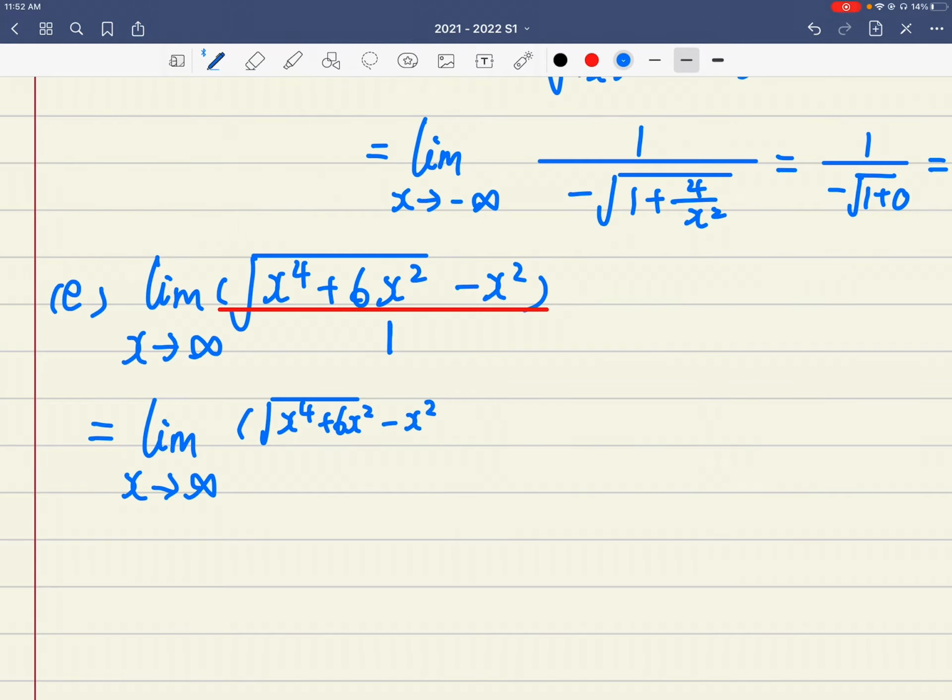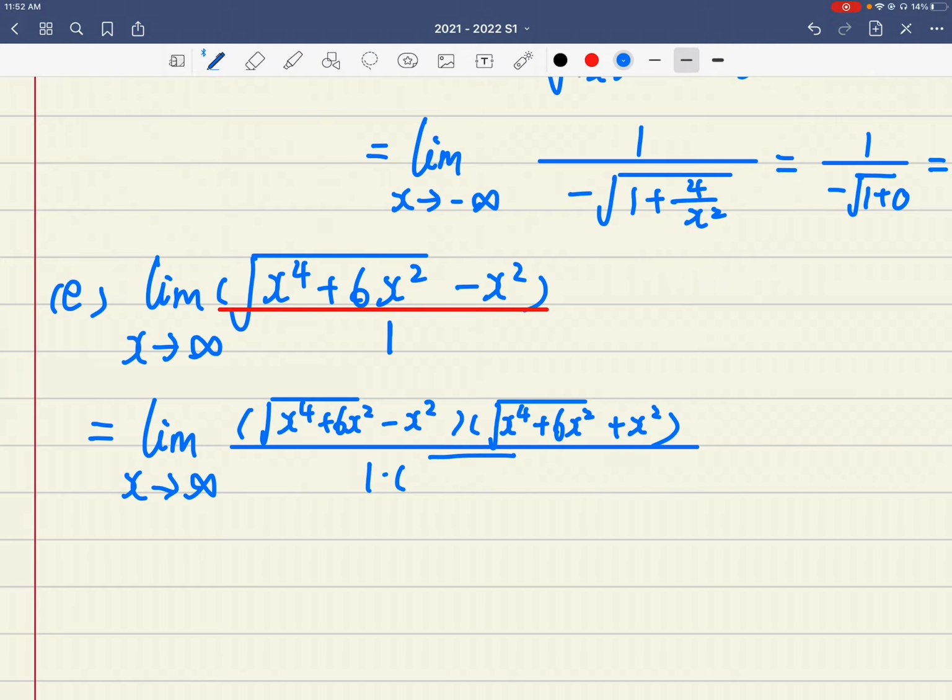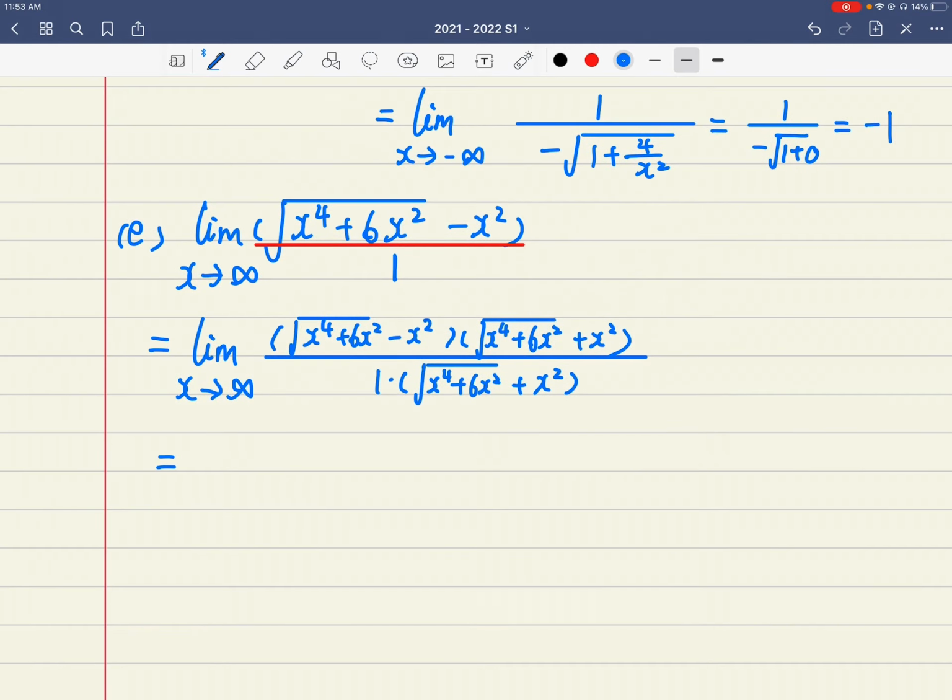by the square root plus x squared. So the bottom is also 1 times the square root plus x squared. Then just do it. A plus b times a minus b is a squared minus b squared.